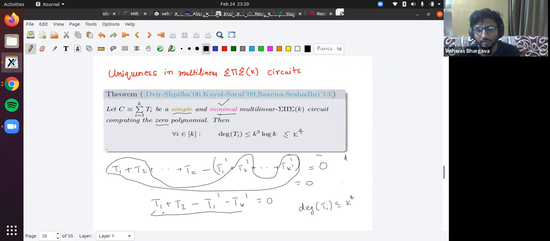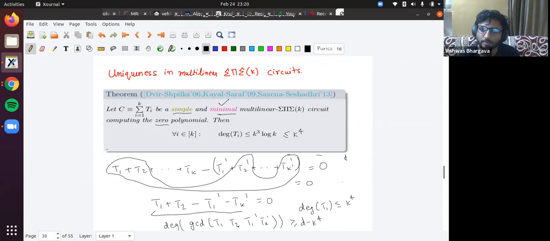So this essentially tells that there's a huge GCD among these TIs. The simple condition has been violated, and it has to have a huge GCD. This essentially says that the GCD of T1, T2, T1 prime, Tk prime has huge degree, greater than D minus k to the 4.